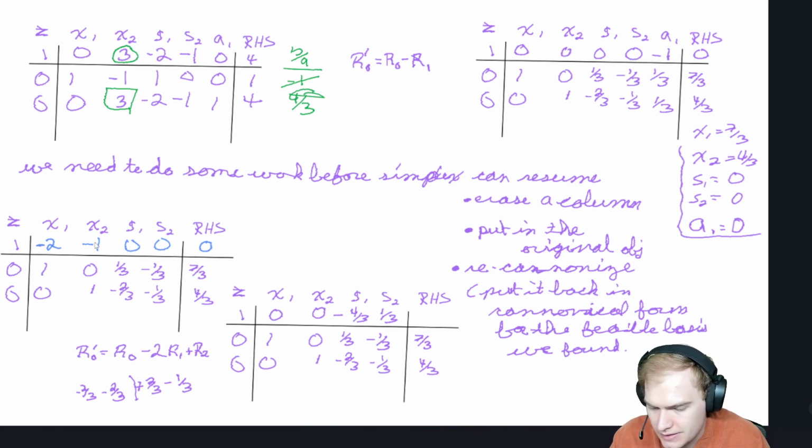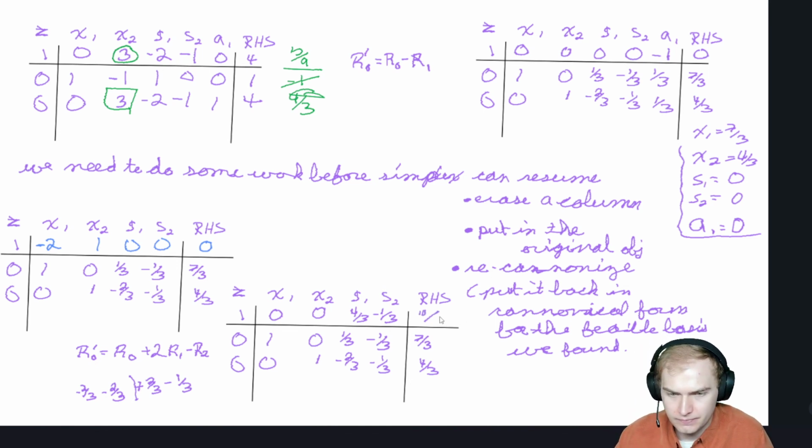I forgot to negate the objective. So we actually flip these signs, and then we have a positive 14/3 minus 4/3 is 10/3.